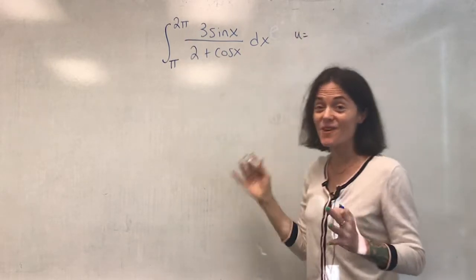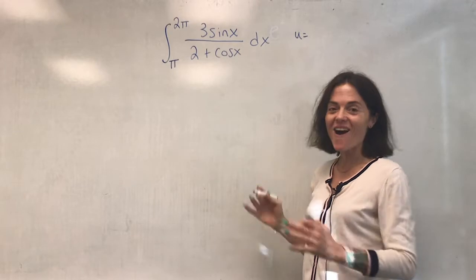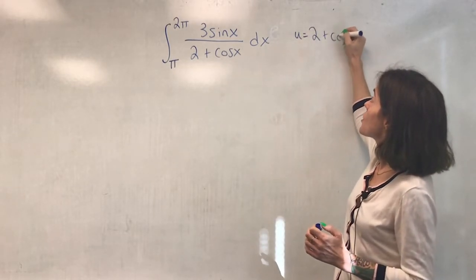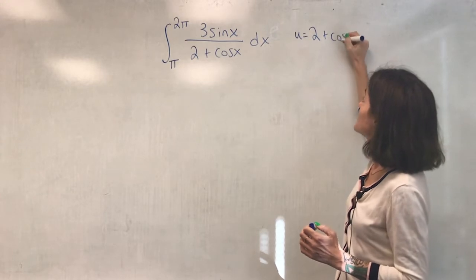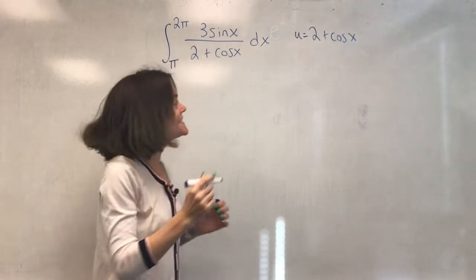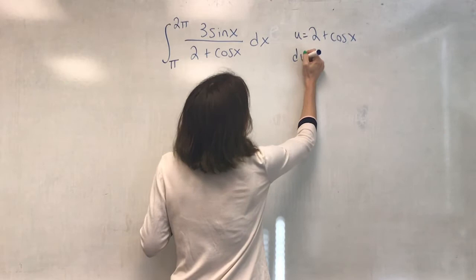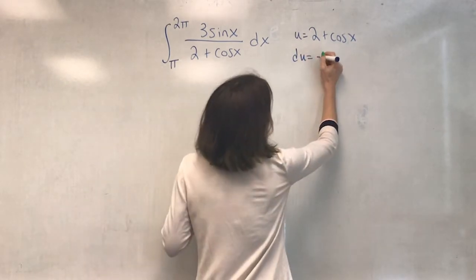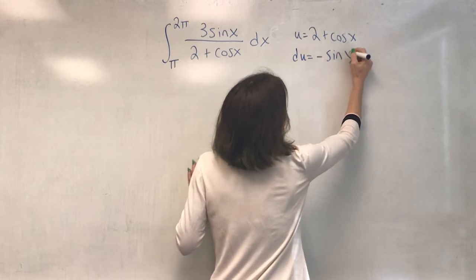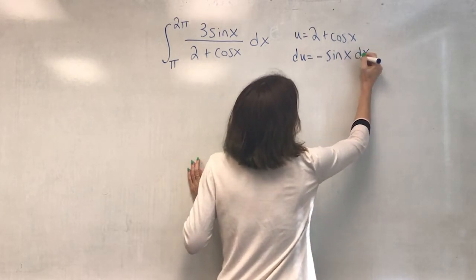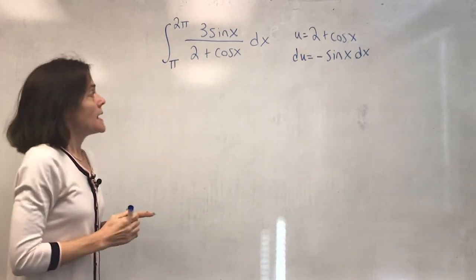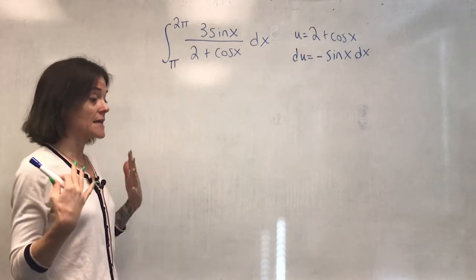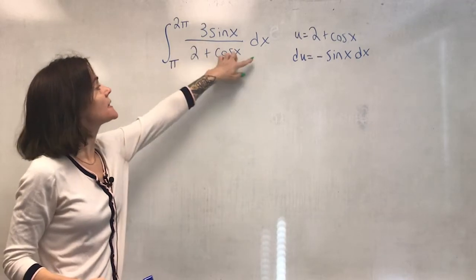I will convert my bounds to u bounds, as I always do, but here u is 2 plus cosine x. Okay, then du is negative sine x dx. Now, we are not in the situation of the last problem where we have exactly du.